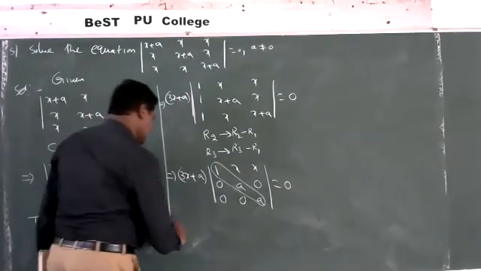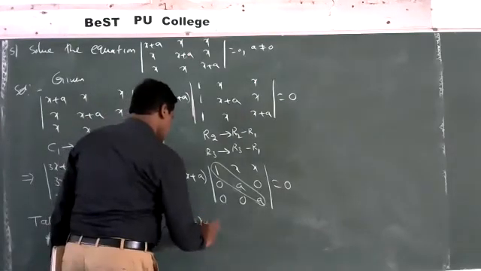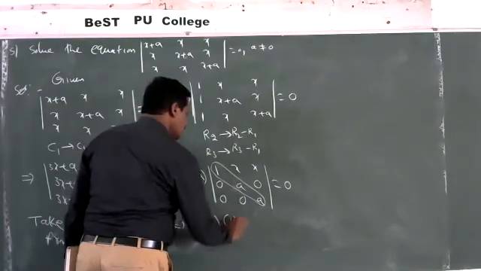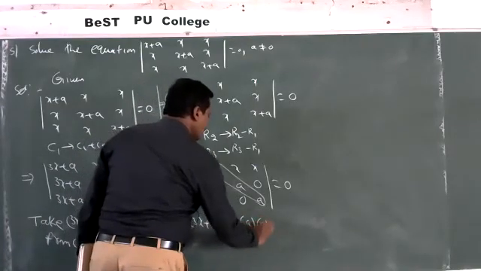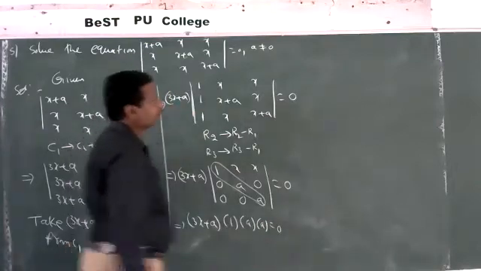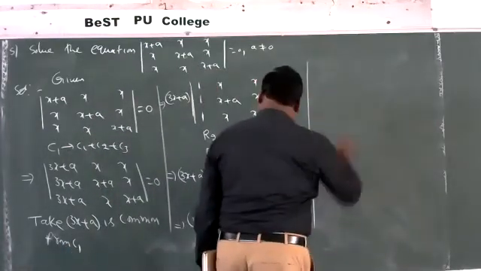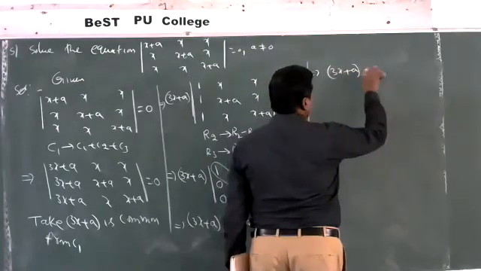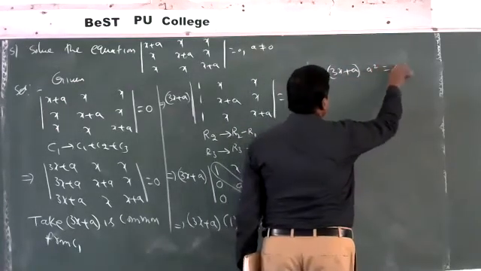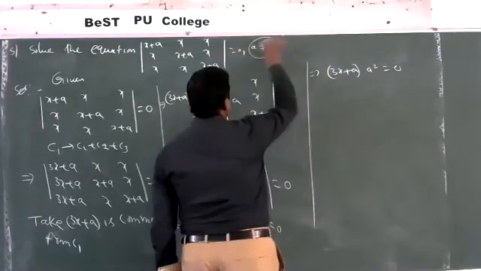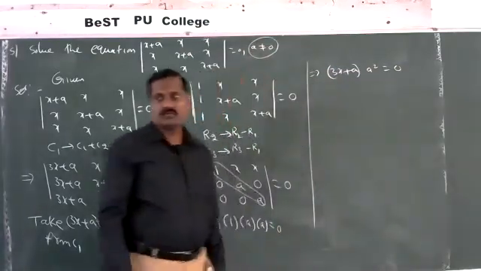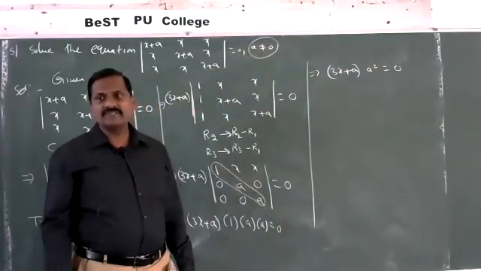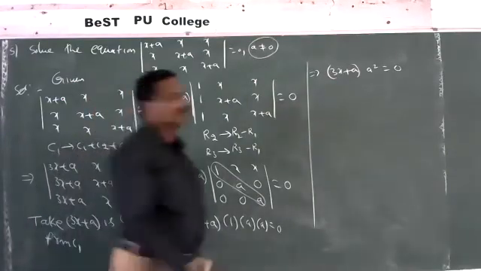This implies 3x plus a into 1 into a equal to 0. Then 3x plus a into a square equal to 0. Here the condition is given a is not equal to 0. A is not equal to 0 means a square is also not equal to 0.